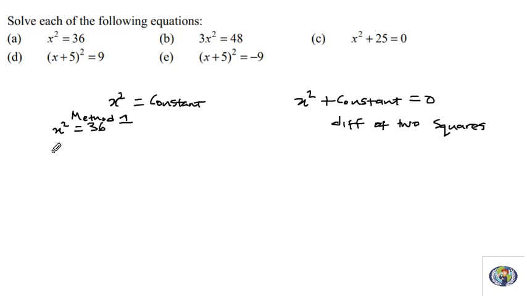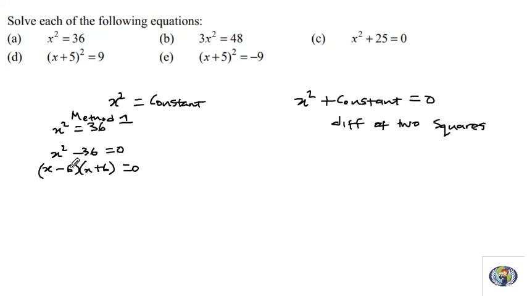Okay? Right. How do we do this? We proceed by taking the 36 to the other side. And if you remember the difference of two squares, then it means we can factorize this expression and it will give us x plus 6 and x minus 6 is equal to 0.